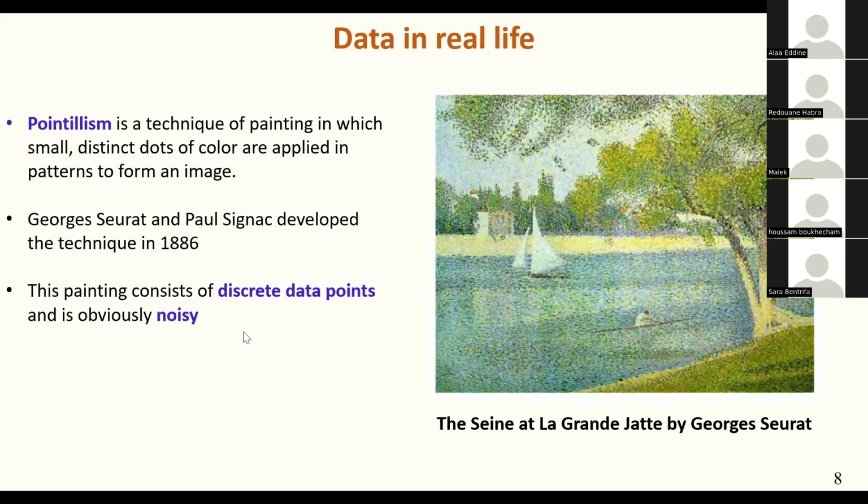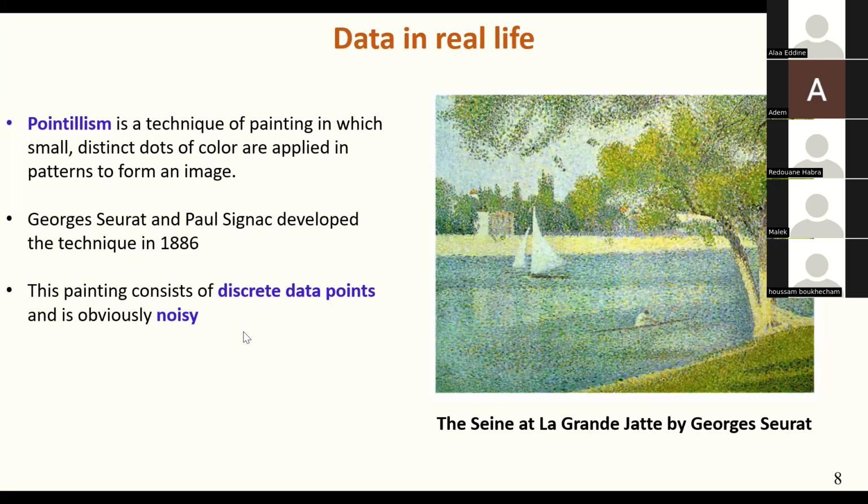The artist doesn't draw a continuous shape, but draws dots, and just like our brain can visualize the shapes in this painting, like the little boat, the tree, the kayak. This is the idea of topological data analysis: from the point cloud, we can reconstruct the shape that the point cloud represents.